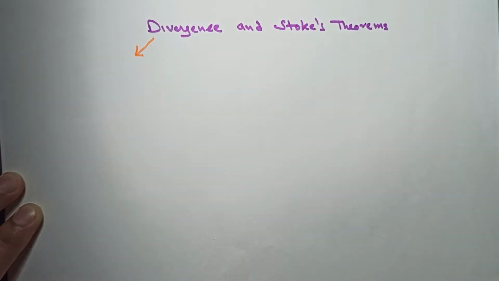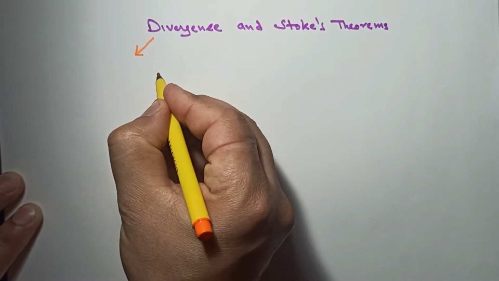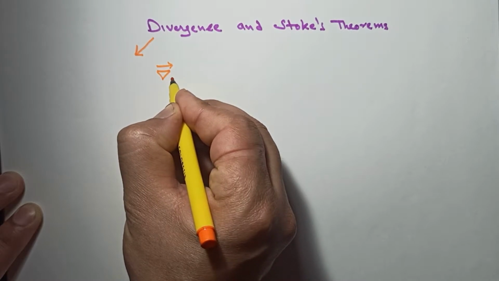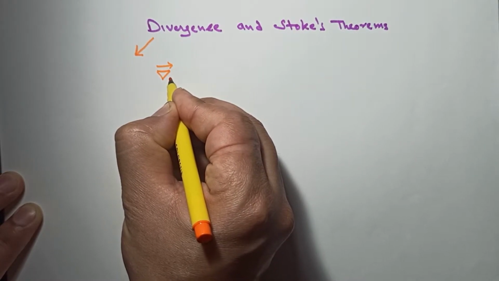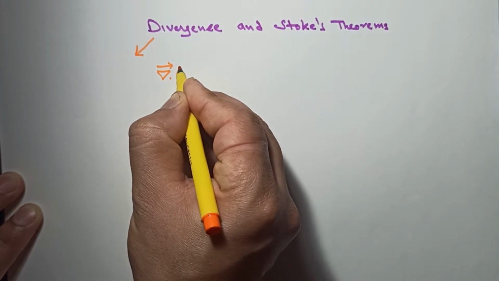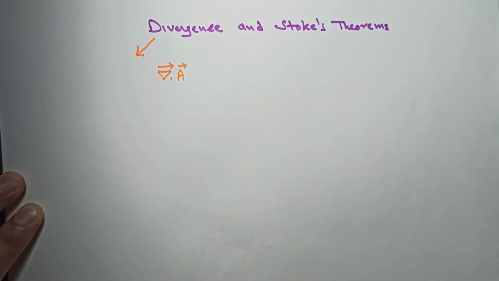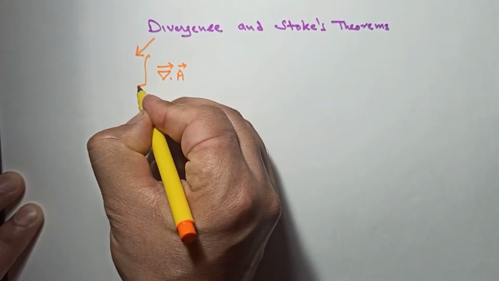This theorem defines the volume integral of the divergence of a vector field. Let us say del dot A is the divergence of a field A, and we take the volume integral of this.